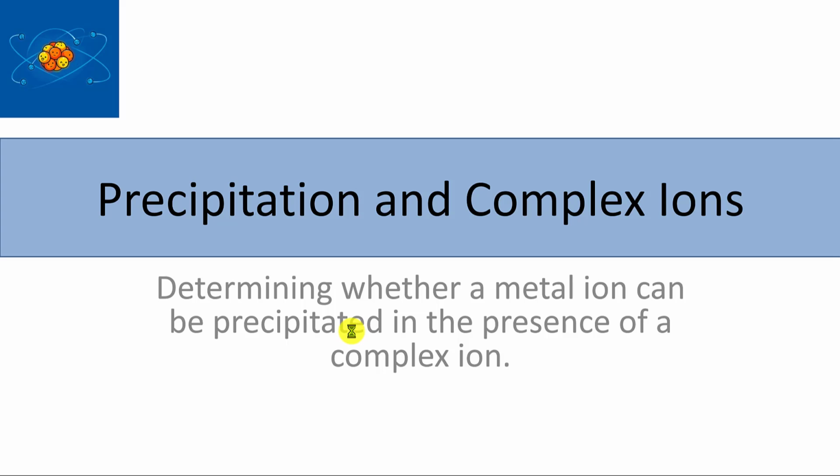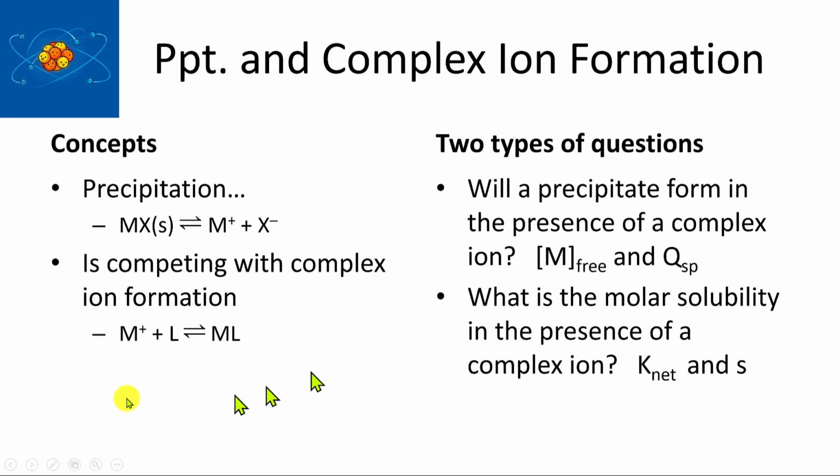So we have a KSP equation where we have a metal salt that's dissolving into solution, and generally the KSPs are pretty small. But then at the same time, I have a coupled reaction, and it's competing for the metal ion in forming the complex ion.